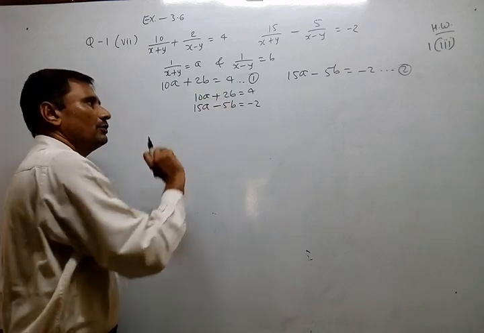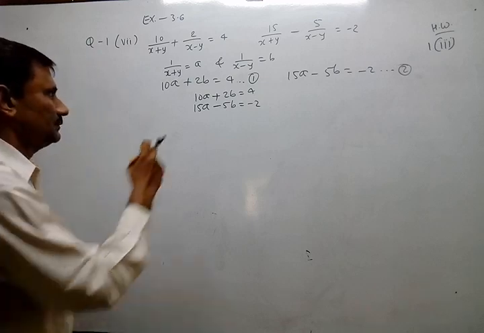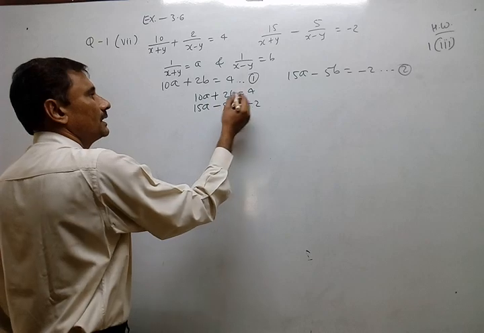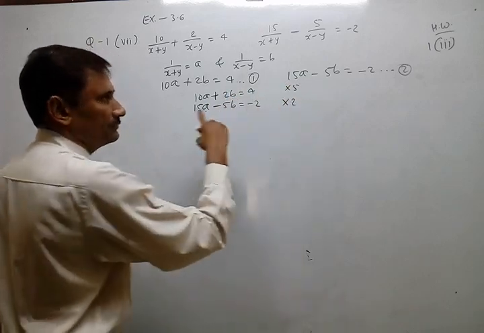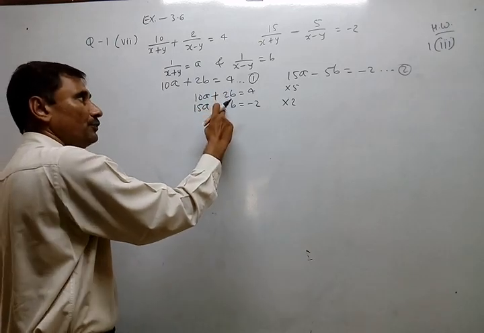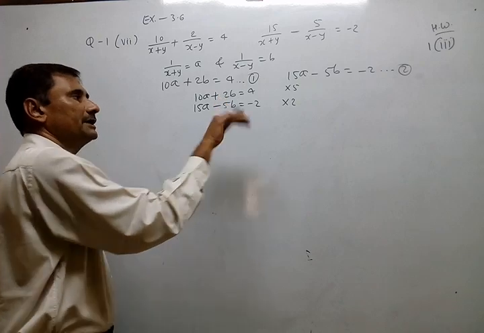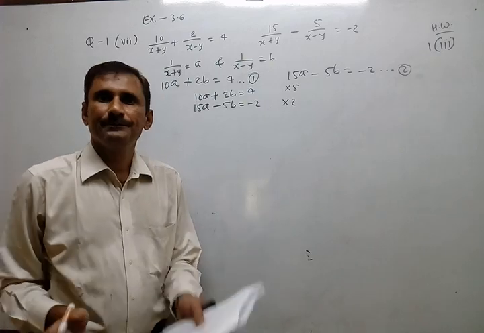And the signs are already opposite, so that is one positive point, beneficial for us. So I have to multiply the first equation by 5 and the second by 2. Why? Because we want the LCM of 2 and 5, 10, at both places. So 2 multiplied by 5, 5 multiplied by 2, meaning coefficient of 10.